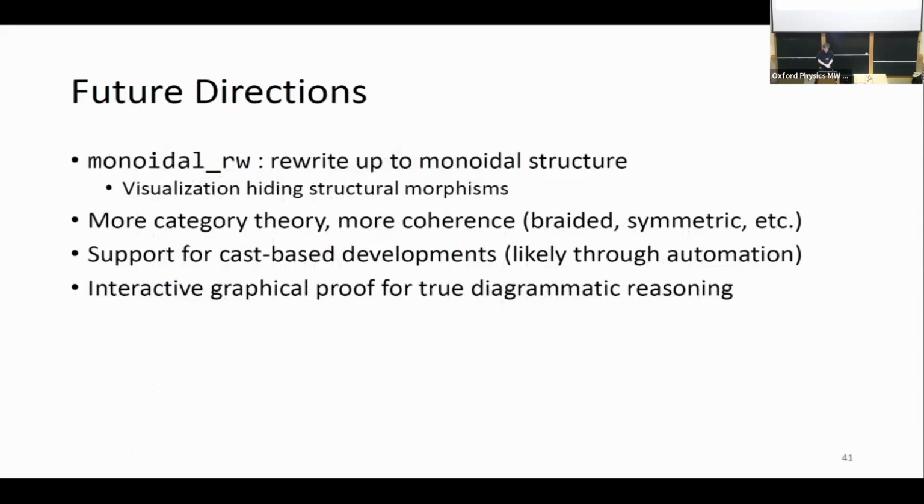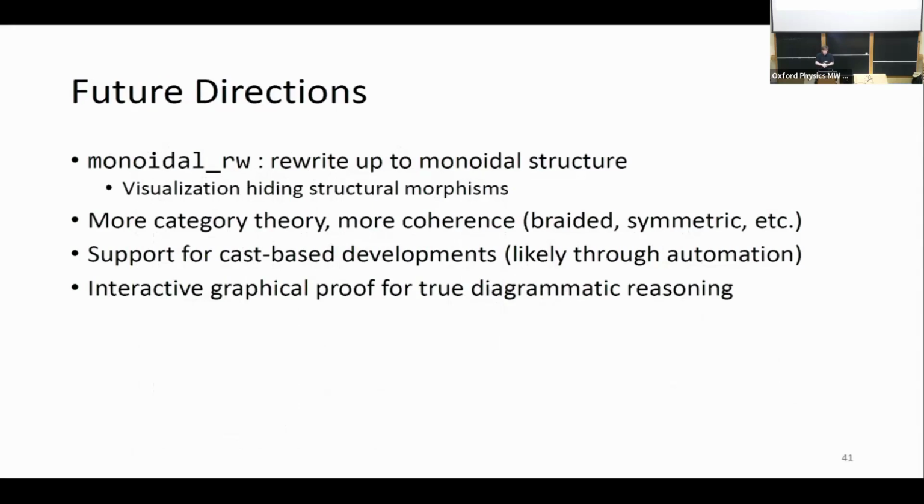So there are a lot of places we want to go from here. Monoidal rewriting is the most obvious one. Similarly to associativity rewriting, we want to search in a term in the monoidal category for a certain pattern and replace that with another morphism we know to be equivalent. That's a harder problem because you have two dimensions to work with and the interfacing between the tensoring and the composition.